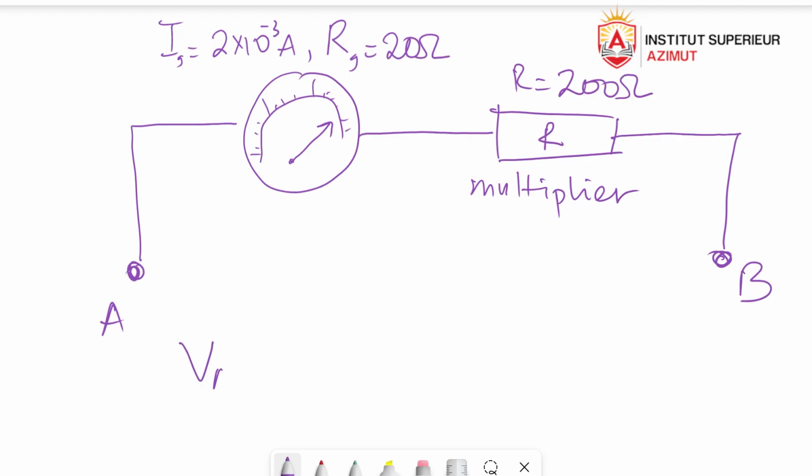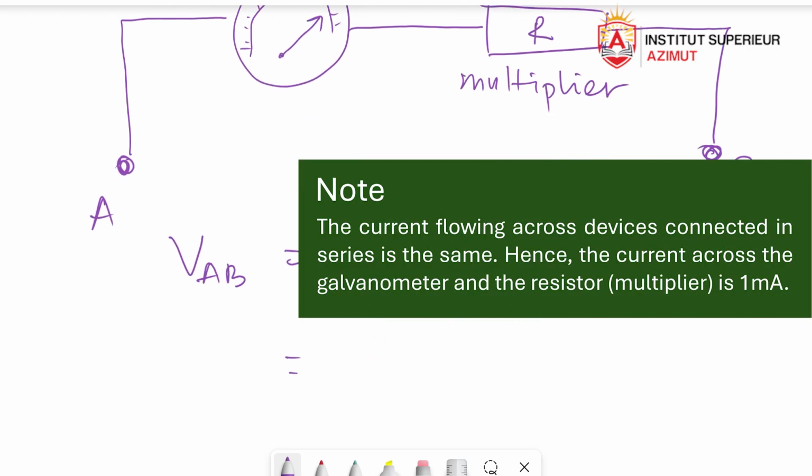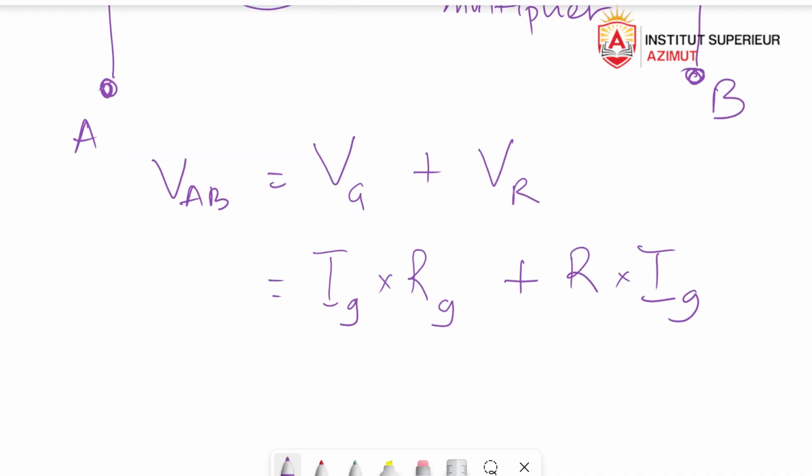So the potential difference VAB is equal to the potential difference across the galvanometer plus the potential difference across the resistor. So let's go. V galvanometer is just I galvanometer at full scale deflection times the resistance of the galvanometer, and then you just add the resistor of the multiplier multiplied by the same current at full scale deflection.